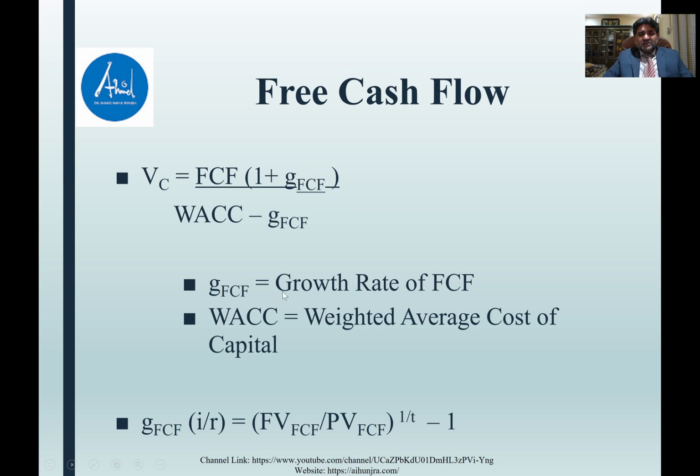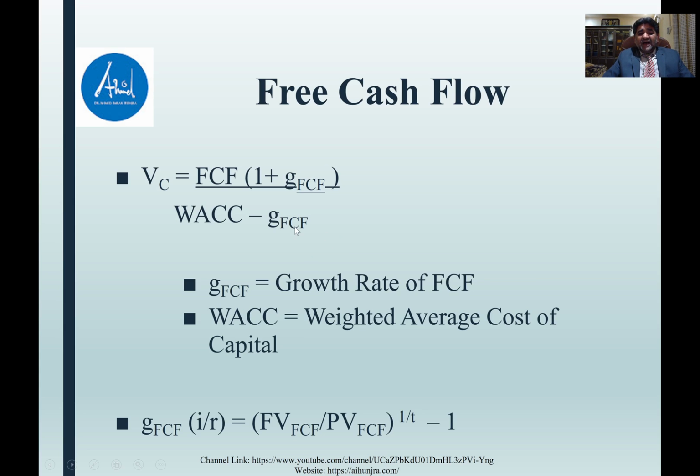Then we have to find the growth rate of free cash flows and the weighted average cost of capital. As we know, in the time value of money there are four components: future value, present value, interest rate, and number of time periods. So it's the rate of free cash flows. The future value is always equal to present value multiplied by 1 plus I raised to the power t or n.